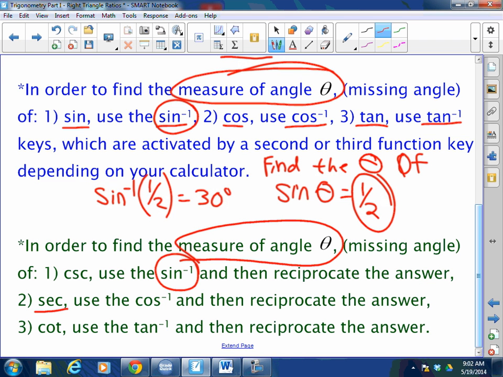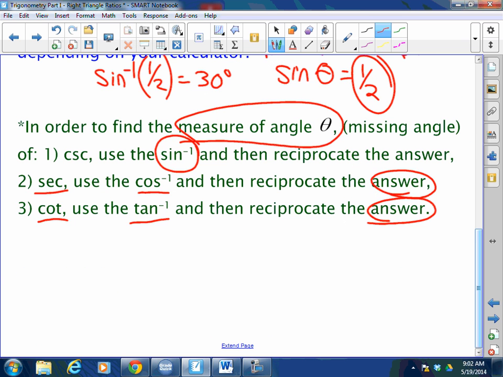For secant, use the inverse of cosine, reciprocate the answer or the value that they gave you. For cotangent, use the inverse of tangent and reciprocate the answer or the value that they gave you. Let me explain what I'm talking about.